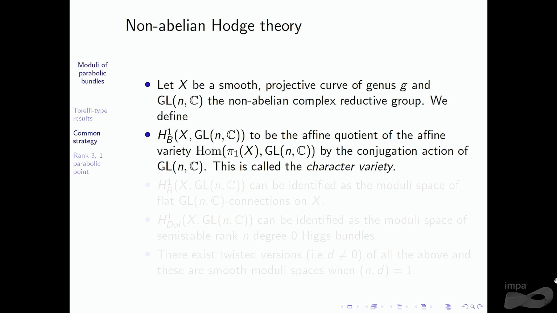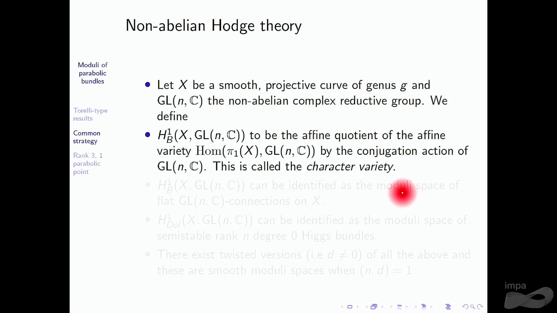So here I'm going to go a little bit fast, as this is not really part of what I'm going to say next. It's just a kind of why did people look at all this cotangent space and know that this is the right thing to look at. Okay? So in non-abelian Hodge theory, if you look at the Betti cohomology now, this is the affine quotient of the affine variety of homomorphisms, so representations of the fundamental group, modulo some things.